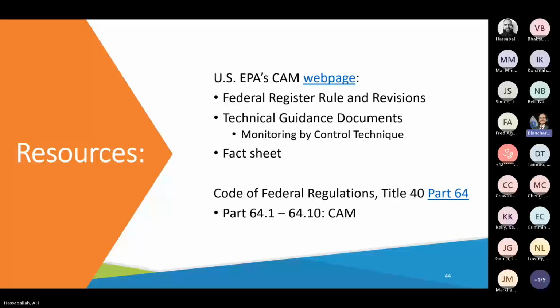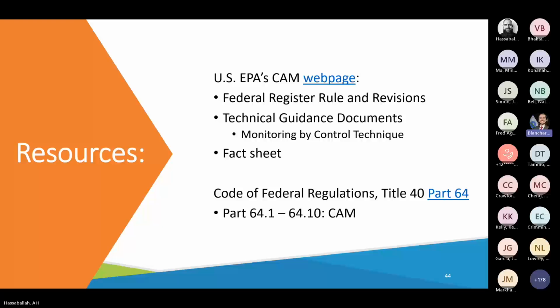So we are coming to the end of our presentation. Some resources we have available for all of you to look further into the CAM rule, with guidance and fact sheets, is the US EPA's CAM webpage, where we have the Federal Register rule itself and the revisions listed. We have technical guidance documents.